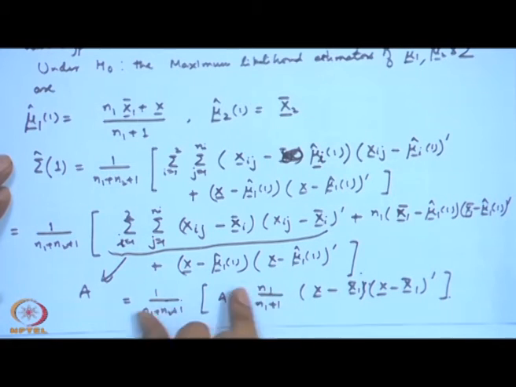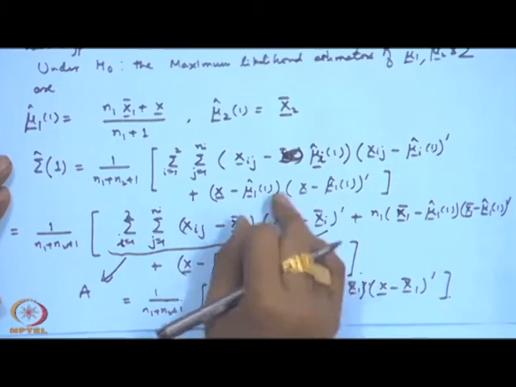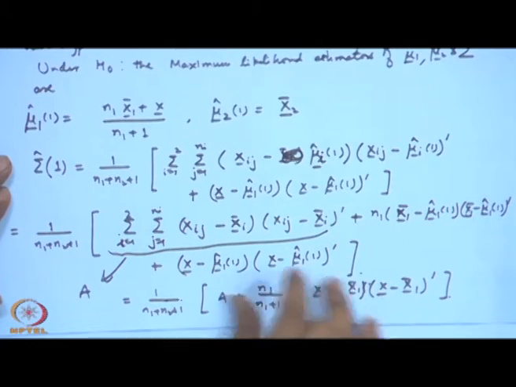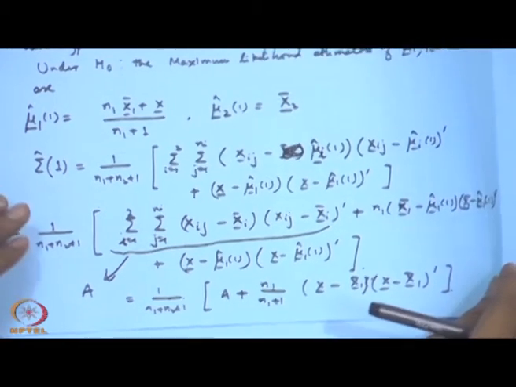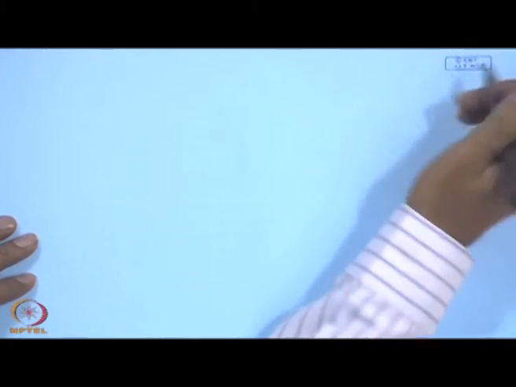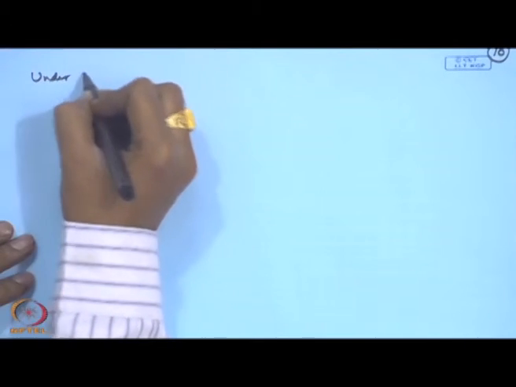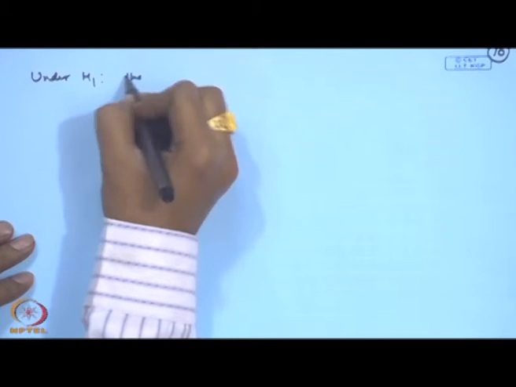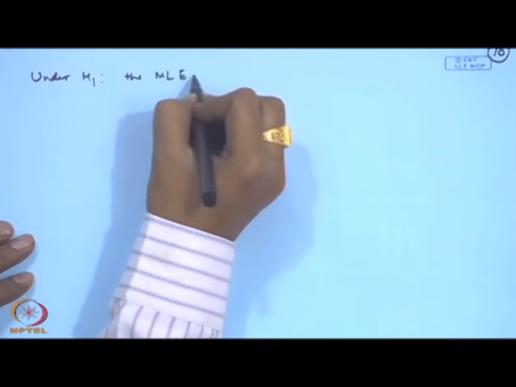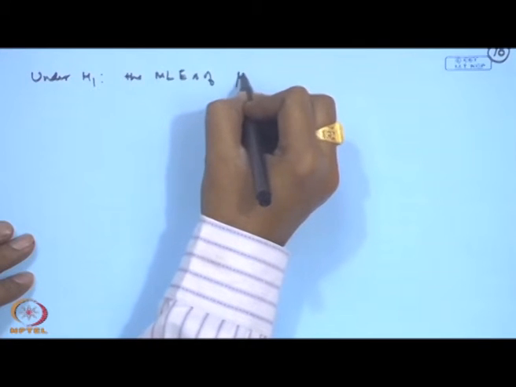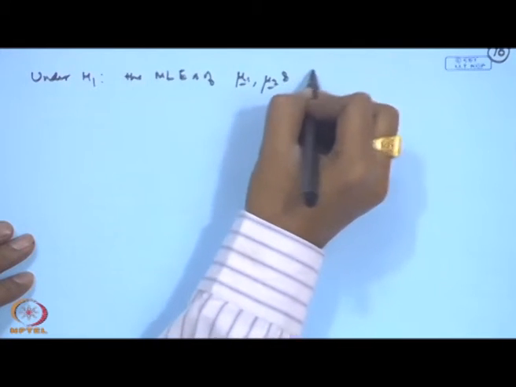See this part we spent some time just to express it in a nice fashion, otherwise these terms are also fine, but this form will be helpful because ultimately we have to write down the ratios of the terms. So, then you consider here under H 1 the maximum likelihood estimators of mu 1, mu 2 and sigma.